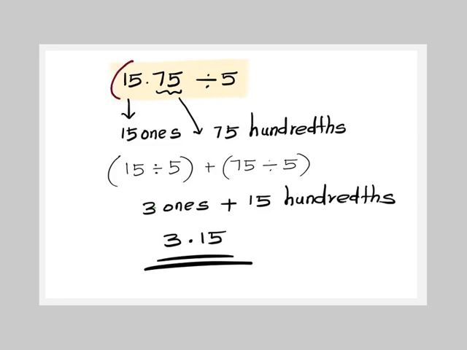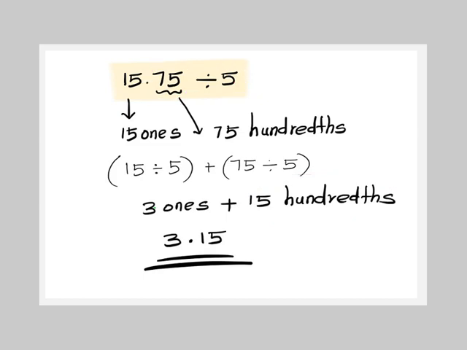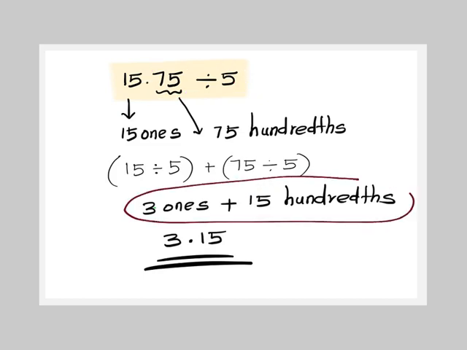There is another method where we can divide this separately. 15 ones divided by 5, we get 3 ones, and 75 hundredths divided by 5, we get 15 hundredths. Finally, you add the 3 ones and the 15 hundredths together, we get 3.15.